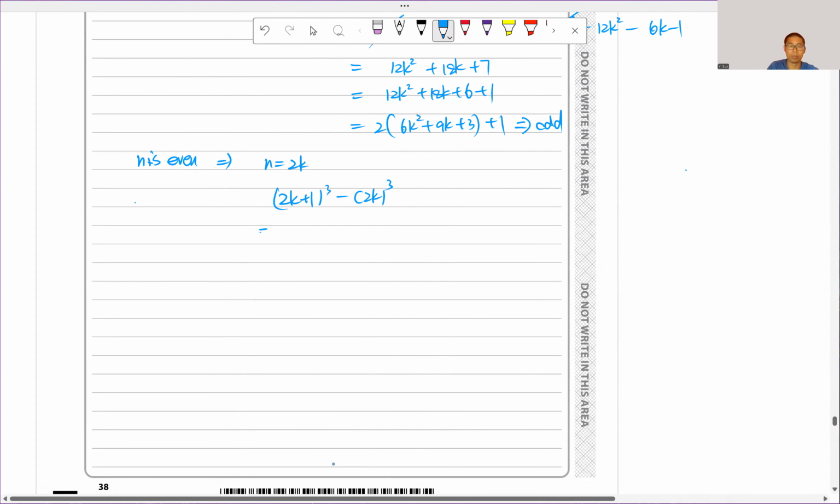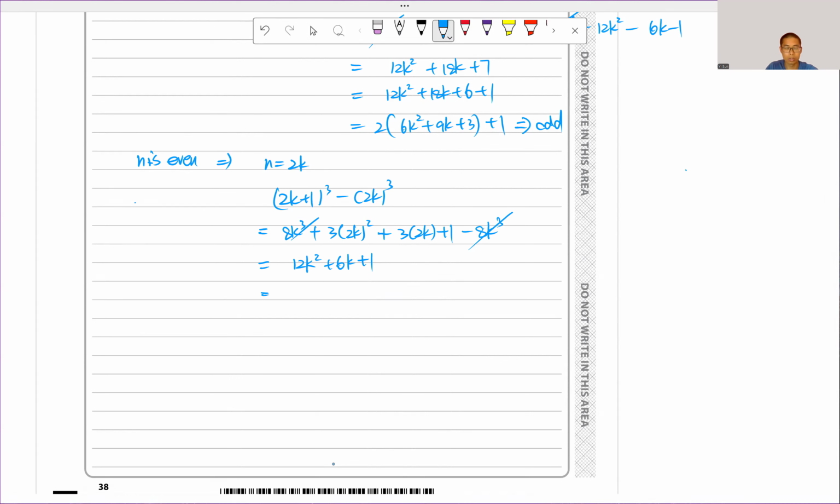So this will be 8k cubed plus 3 times (2k) squared times 1, plus 3 times 2k, plus 1, minus 8k cubed. This cancels out, and that will be 12k squared plus 6k plus 1, which is 2 times (6k squared plus 3k) plus 1. Again, that's odd, so it's always odd.